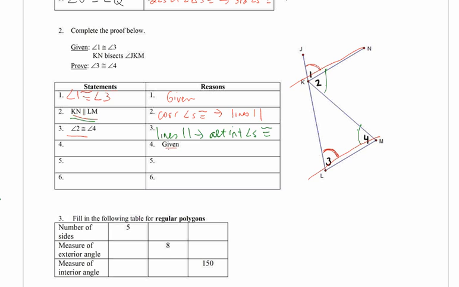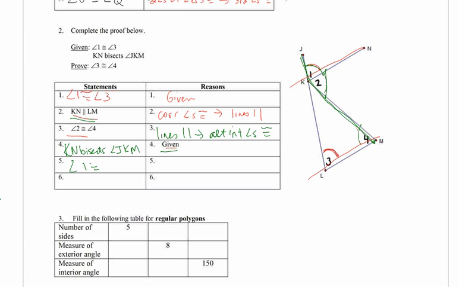Next, we have a given in our partial proof here, so I'm going to write in the other given information. KN bisects angle JKM. Now let's go to JKM. JKM is composed of angle 1 and angle 2. And we know that bisect means cut in half, so we must know that angle 1 is congruent to angle 2.